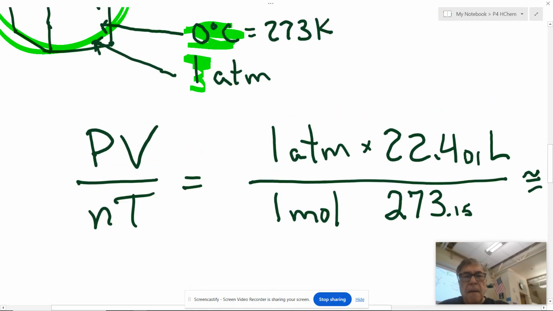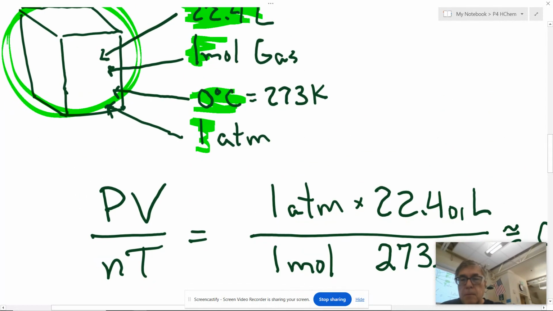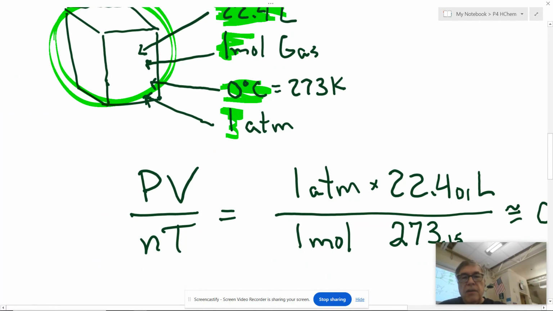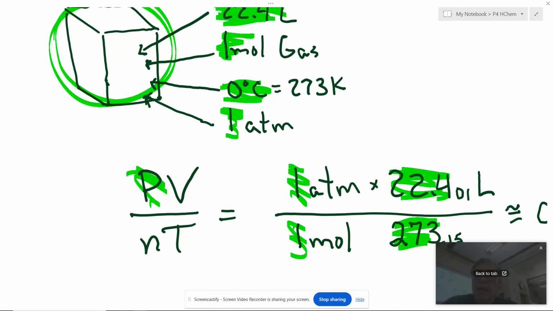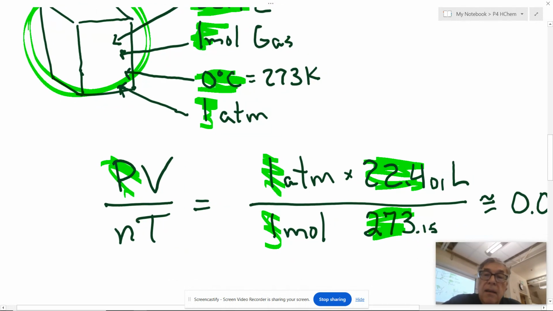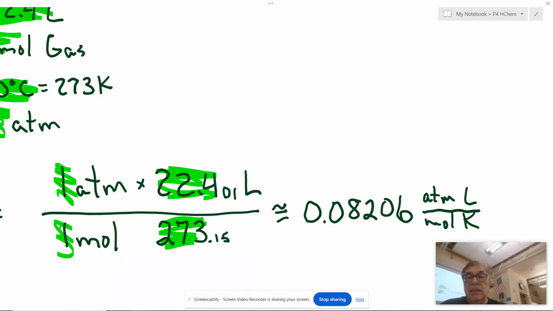If you take the pressure and that volume, 22.4 liters, and 1 mole and 273, and you do the math, you're going to come out with 0.08206, or really close to that. That's the number we're going to use for this class.